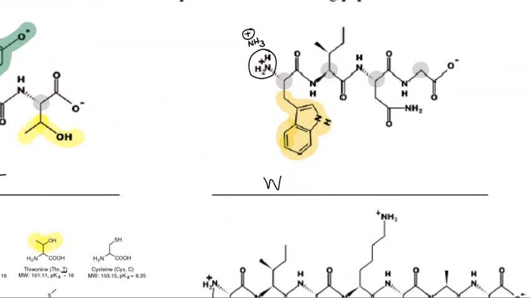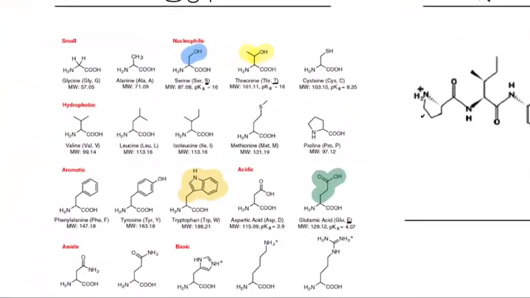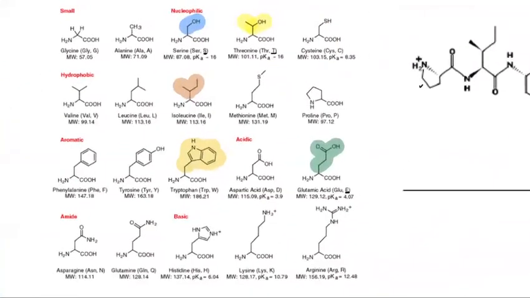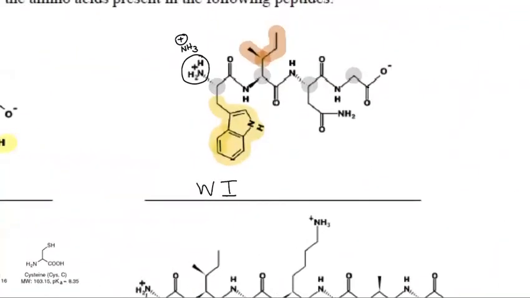Next one. CH, CH3, CH2, CH3. So it's like a butyl, that's going to be a sec-butyl group. That is this right here. So as you can see, that's isoleucine. So it's the letter I. Next one.